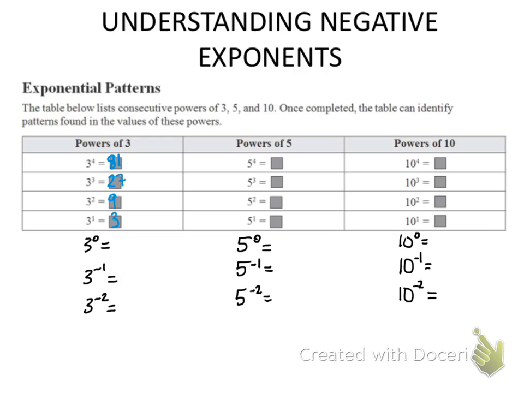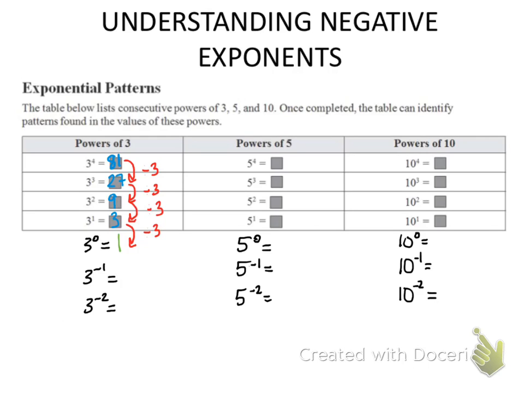Well, 81 to get to 27 is divided by 3. 27 to get to 9, divided by 3. 9 to get to 3, divided by 3. So 3 to the 0 power we can figure out by taking the previous answer and dividing it by 3. So 3 to the 0 power, 3 divided by 3 is 1. Okay, so anything to the 0 power equals 1.